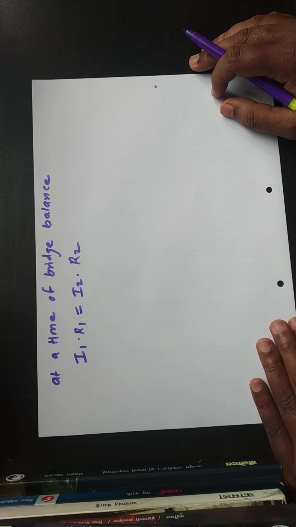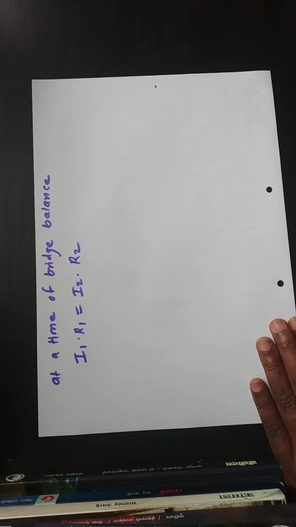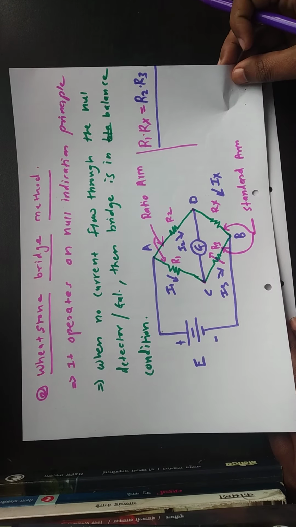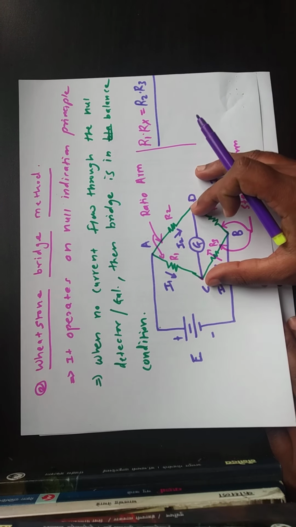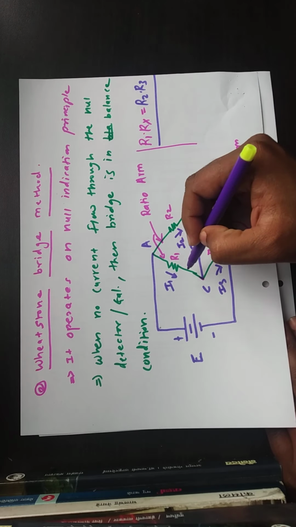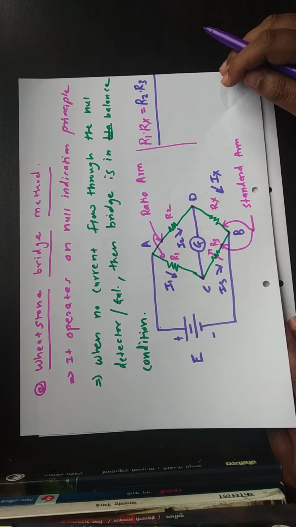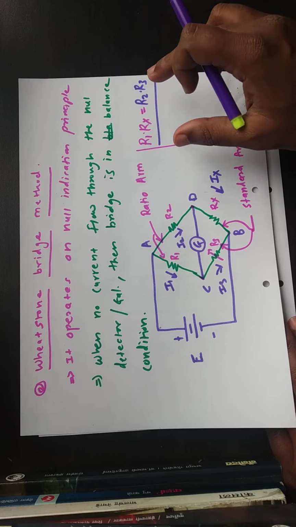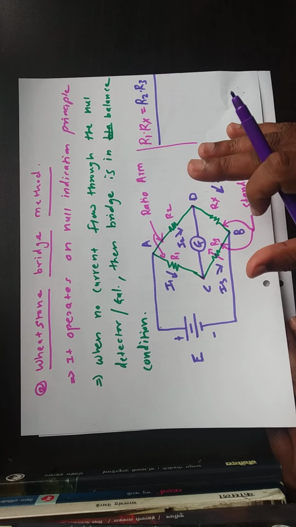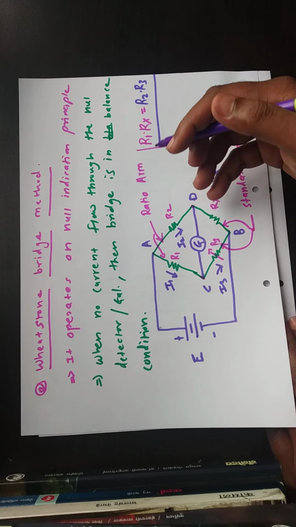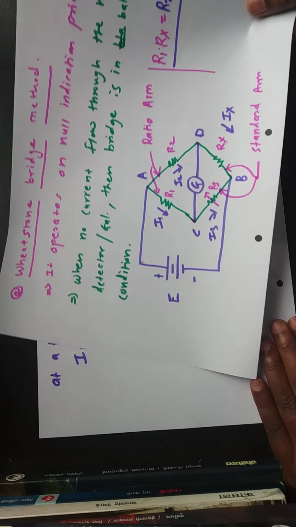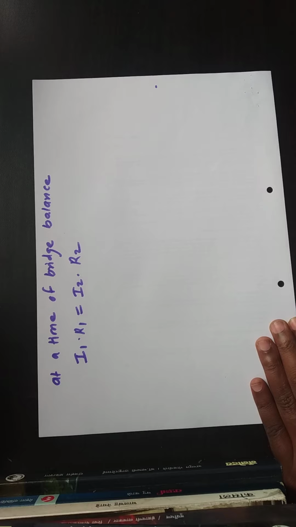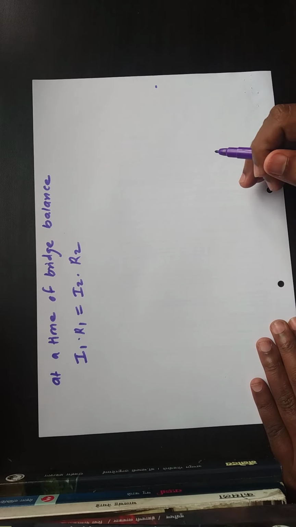When the bridge is in the balance condition, the voltage across the galvanometer should be zero, so there is no potential difference between point C and point D. That means I1 R1 is equal to I2 R2.